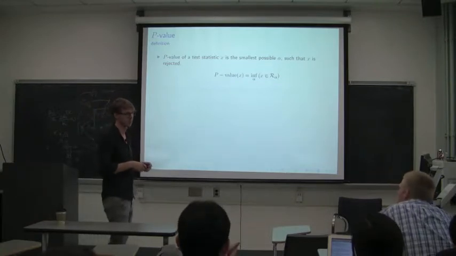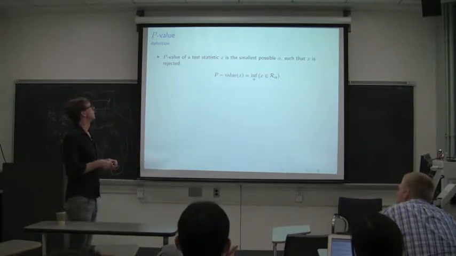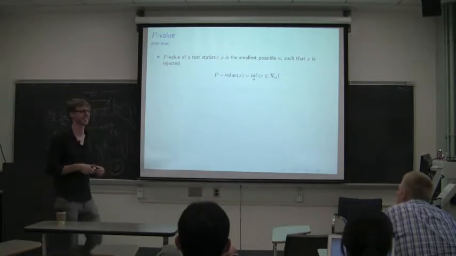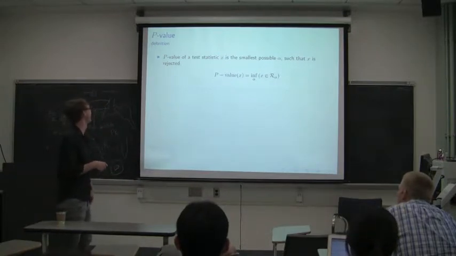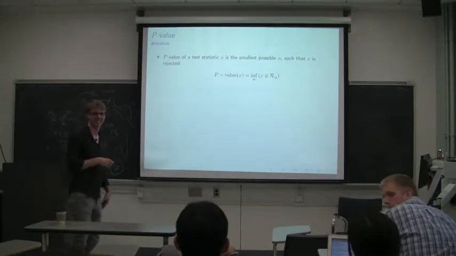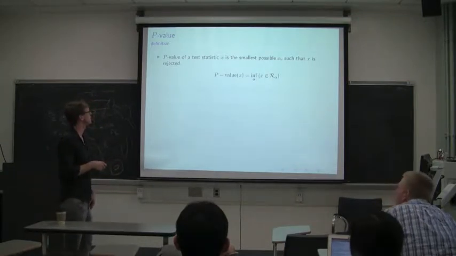It should be largest possible alpha, shouldn't it? Because you can always have an alpha that's smaller and still reject the null hypothesis. Correct. Yes. No, wait a second. It's the smallest.